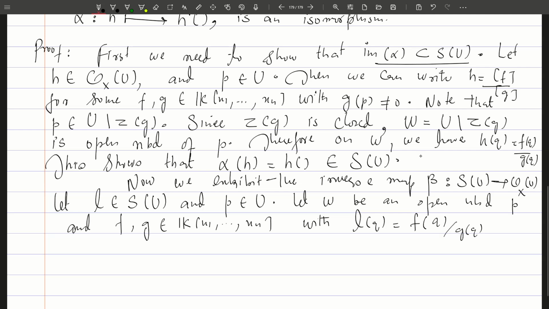This follows from the definition of S of U, because if we pick L to be an element of S of U, this L has to follow this hypothesis.